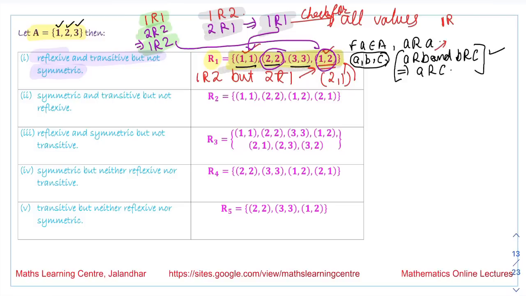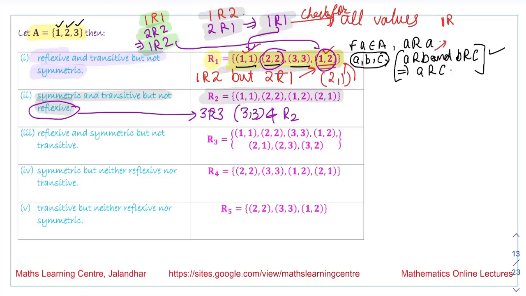Second, we have to give the example of a relation which is symmetric and transitive but not reflexive. So this is the example. R2 is the relation given over here. Clearly the element (3, 3) is not there. This 3 is not related to 3. It means this relation is not a reflexive relation because (3, 3) does not belong to R2.